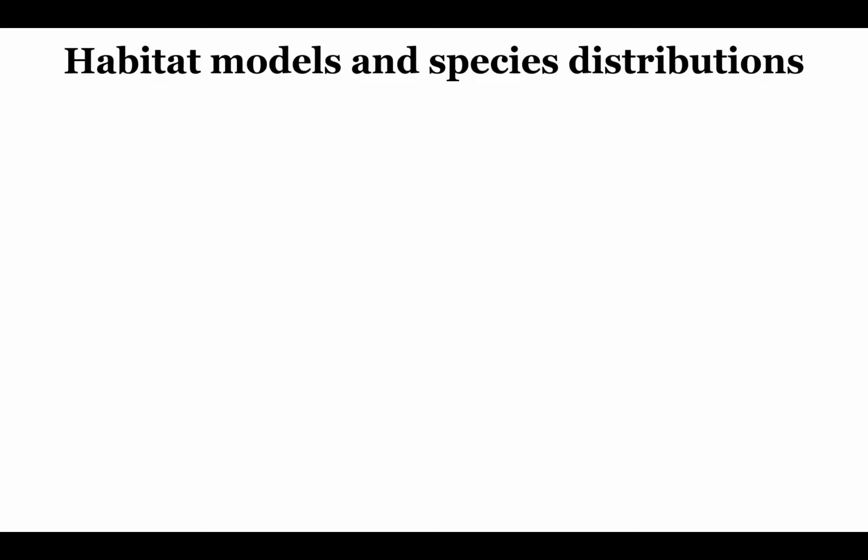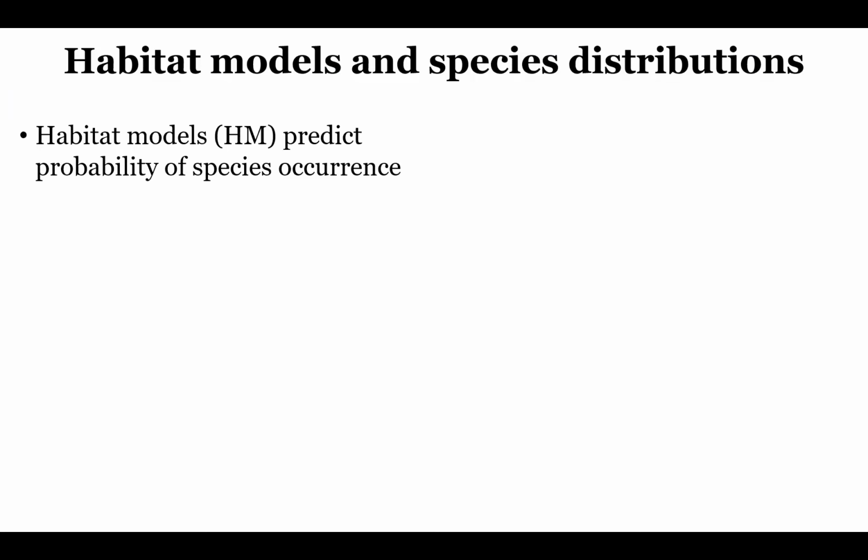So habitat models are really useful surrogates of species distributions and have been used widely in ecology, especially in terrestrial systems. Most recently, it has also been shown that these models could be really useful for management and predictions in aquatic ecosystems.